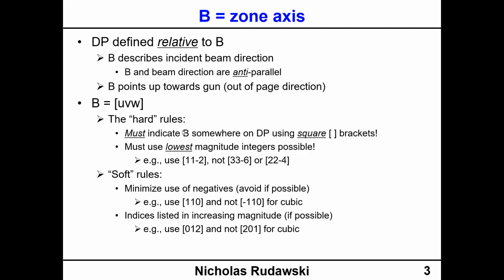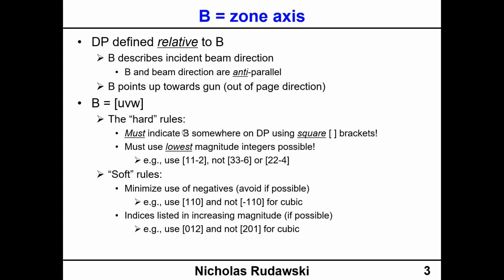What we can do from there, though, is apply a soft rule. If the material has a cubic symmetry, which is what we're going to be dealing with today in this tutorial, then we can apply some soft rules. We can rearrange the indices to minimize the use of negatives.